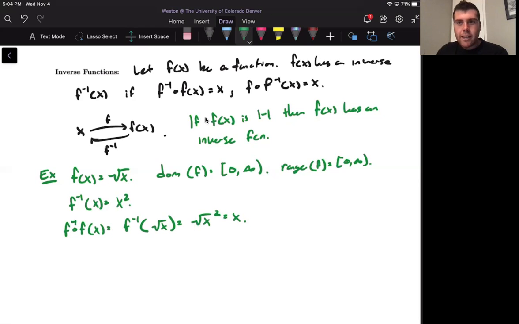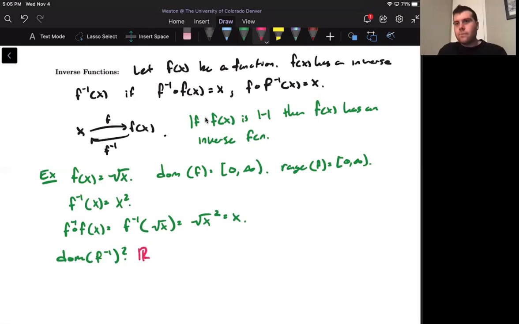The only tricky thing is we need to be careful about what the domain of f inverse is in this case. Typically we would have that the domain of x squared is all real numbers.